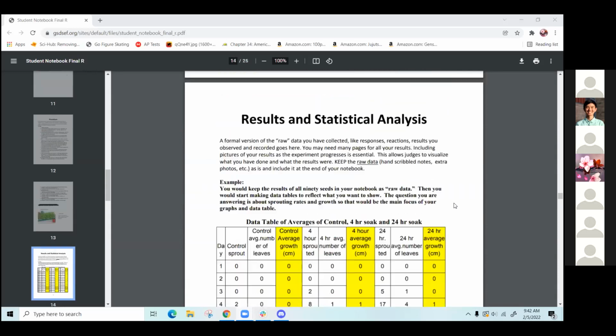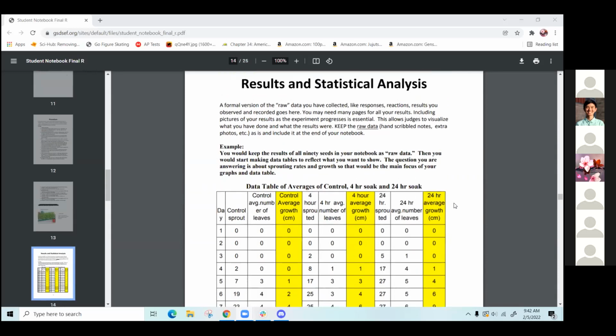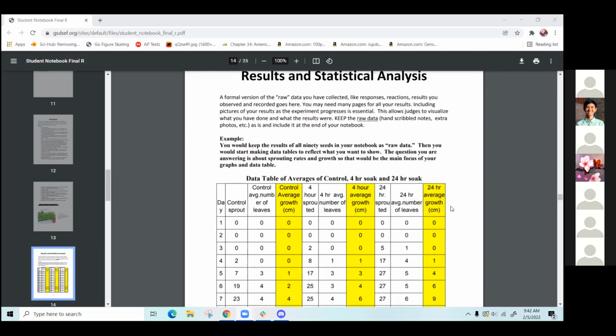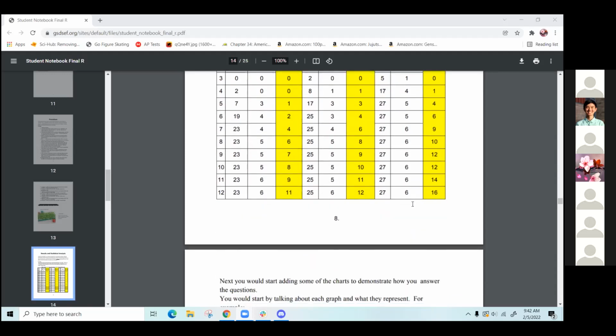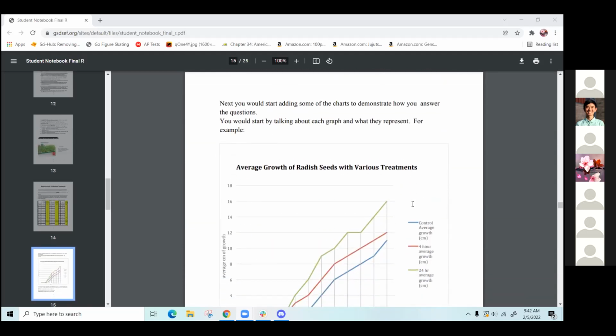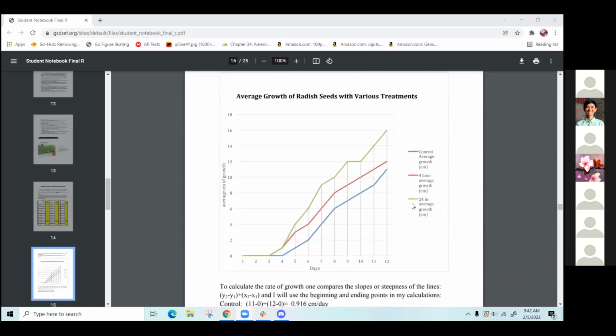Next slide. So for the results and statistical analysis section, you basically want to outline the outcomes of your raw data in a formalized way. So it could be stored in things such as tables, visualized in graphs, and you can also include things like the mean score or difference from the control variable in your graphs and tables in this section, and extra results that may not fit in formal tables or graphs, such as photos, could be stored in the appendix, which we'll talk about at the end.